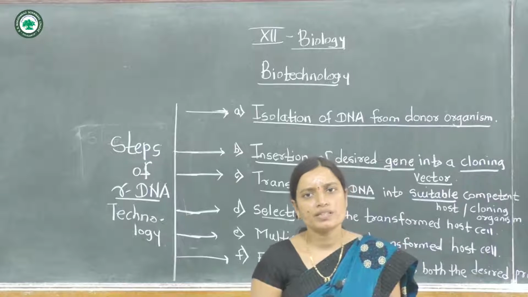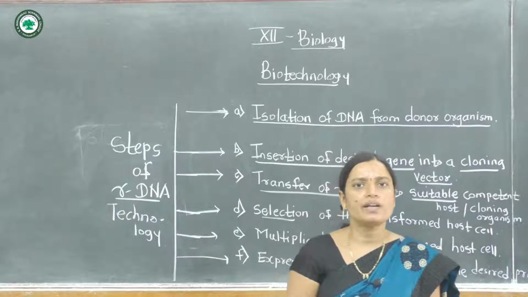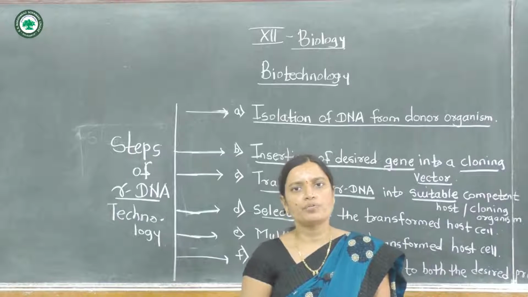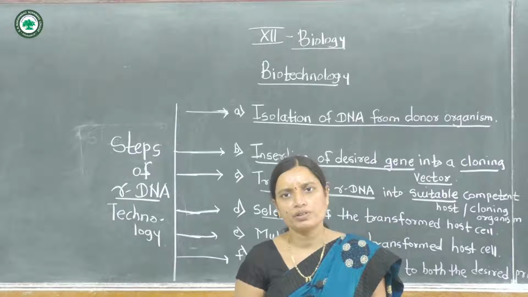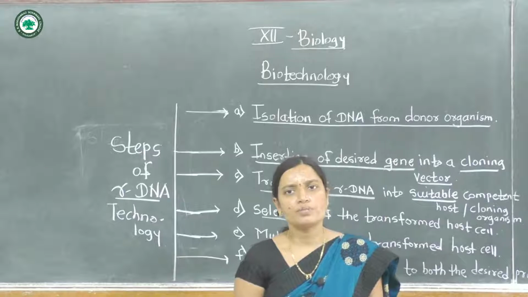There are so many enzymes utilized for this process. One of the important enzymes is the restriction endonuclease. This enzyme is very important for the specific cut of DNA fragments. Other enzymes are also important for this process.